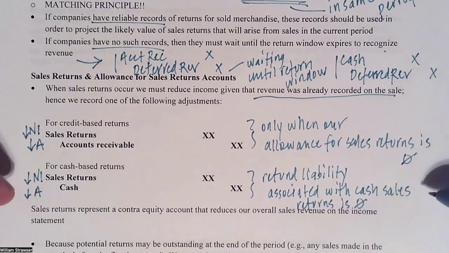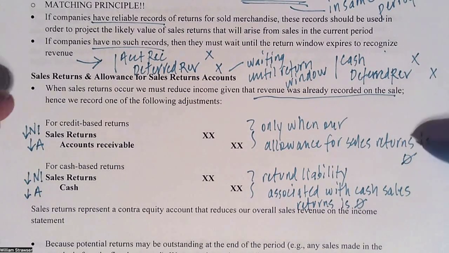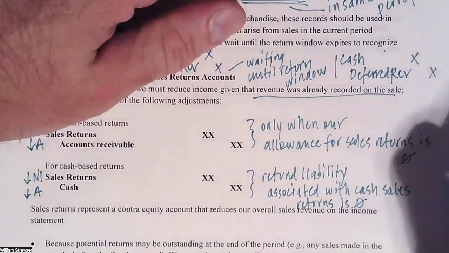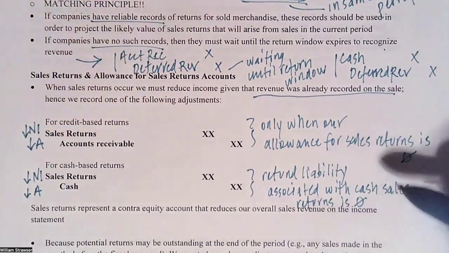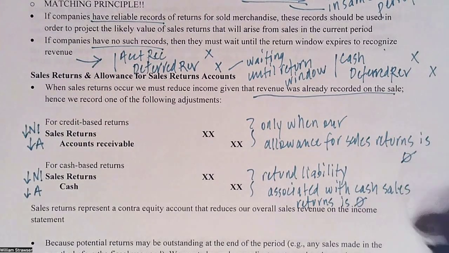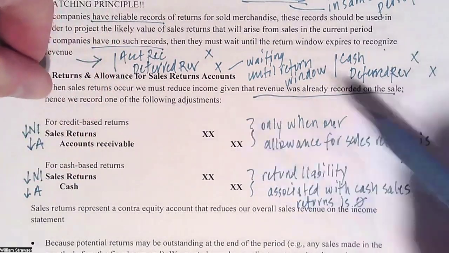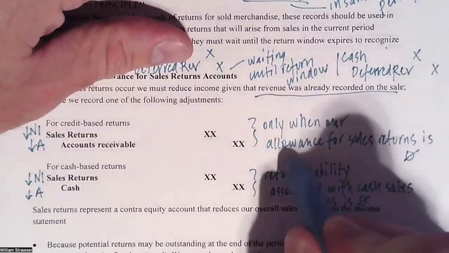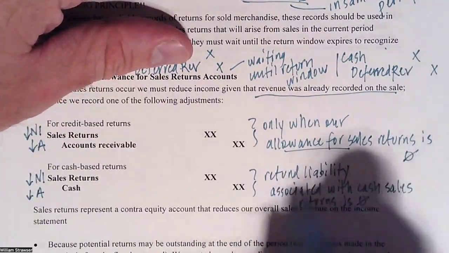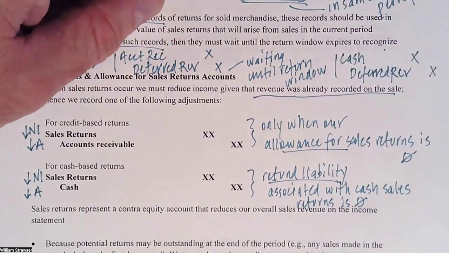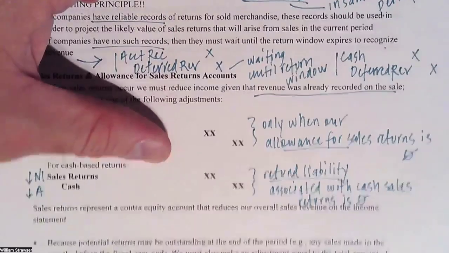Prior to these two items being zero, if they are not yet zero, then we debit those accounts. But again, we'll look a little bit at this in a problem on the next page, where instead of debiting sales returns, if there's a balance in either the allowance for sales returns or the refund liability, if there's a balance remaining there, our debit goes to those accounts until they reach zero.